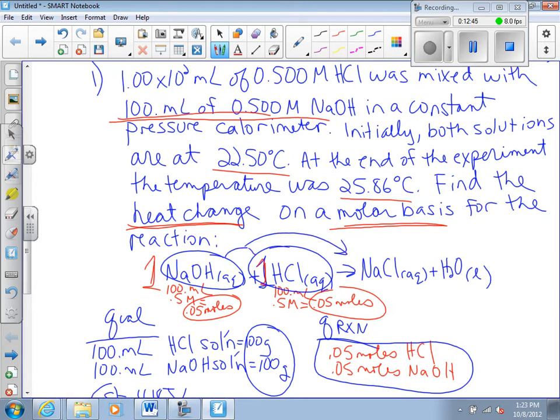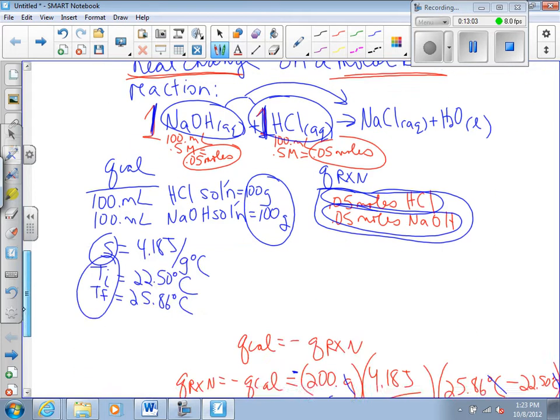So I do not add together the 2 chemicals. I don't add the 0.05 moles to one another because I need each of them. I need 1 mole of NaOH and a mole of HCl. So I need both this and this to make the reaction occur. That's why I don't add the moles together.